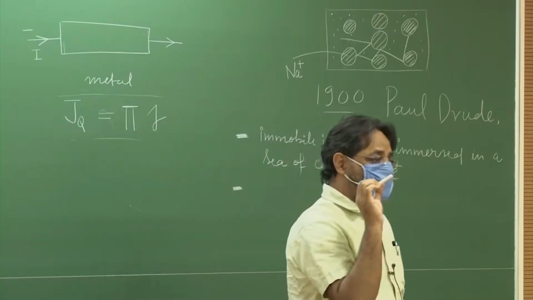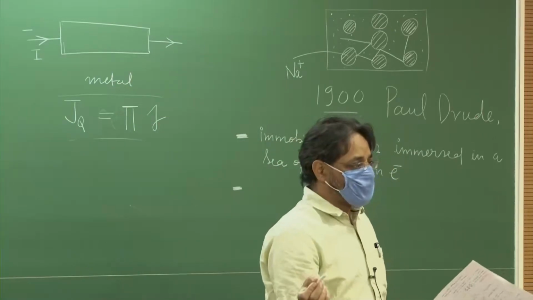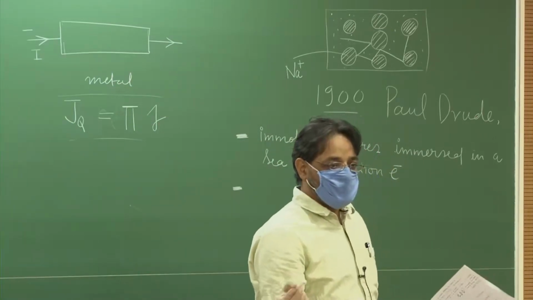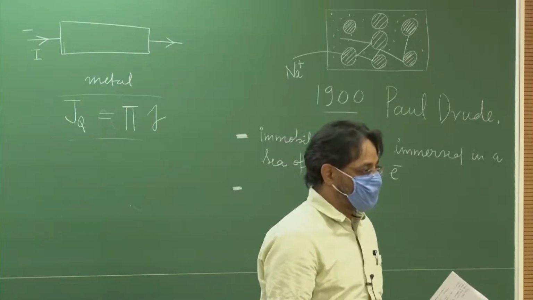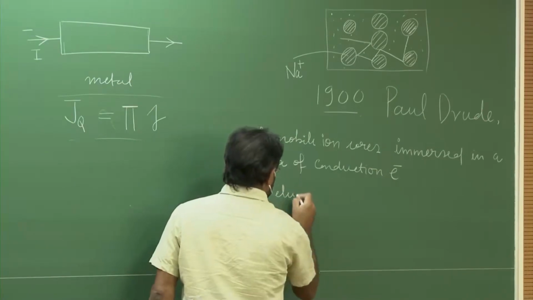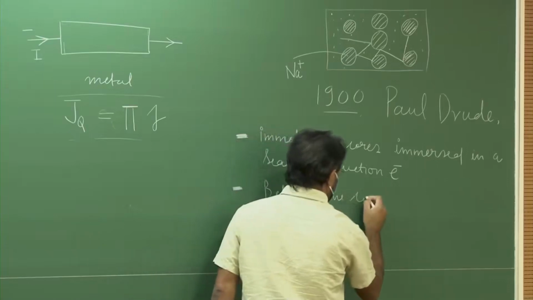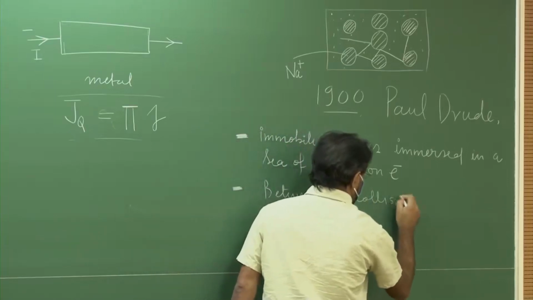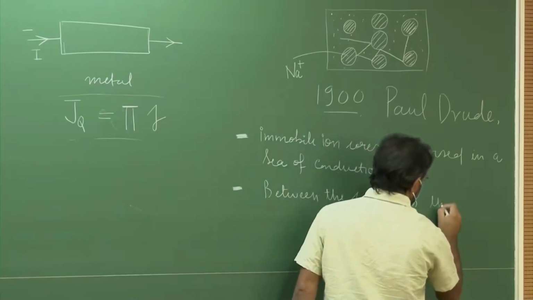Why? Because during this motion there is no force acting on the electron, a consequence of Newton's second law of motion. There is no force acting, so its velocity cannot change. So between the collisions, the electrons move along a straight line.